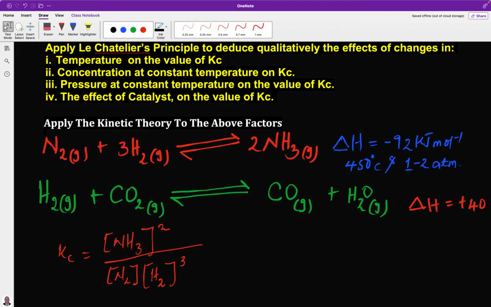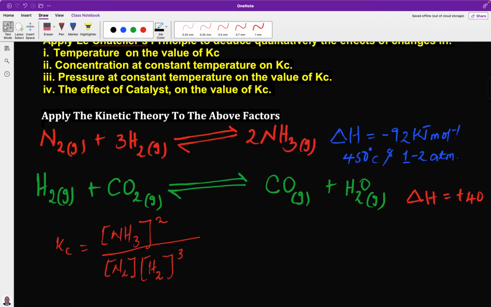When there is more pressure exerted on the walls of the container, what happens? By Le Chatelier's principle, in order to reduce the pressure, gaseous particles will have to move to the direction of less pressure. In that case, they will have to move to the direction of less gaseous molecules.